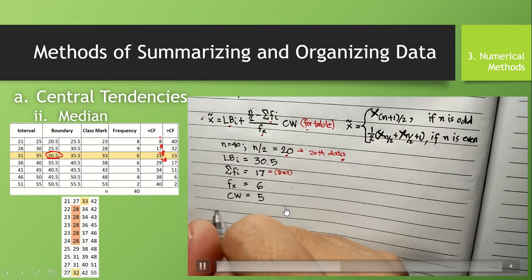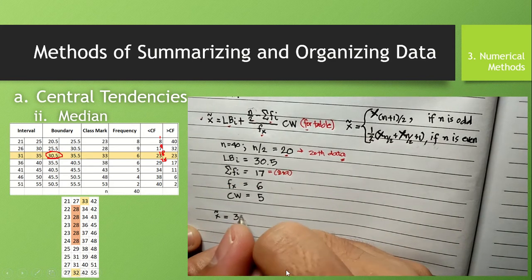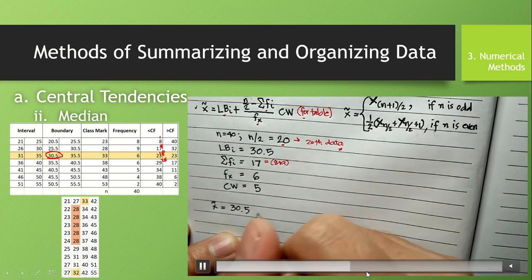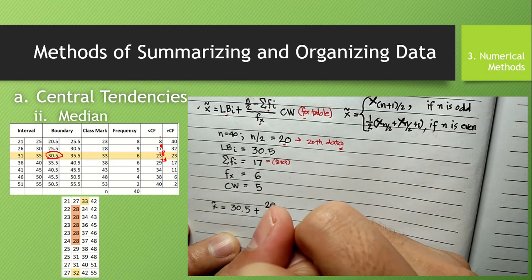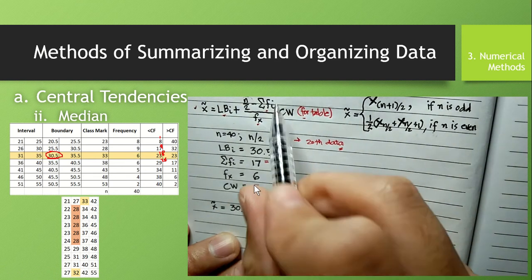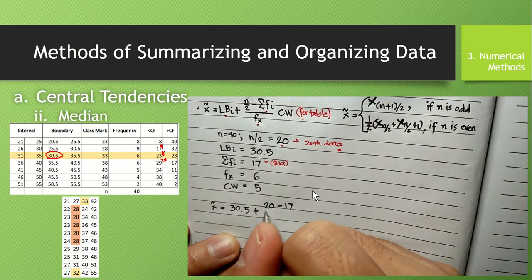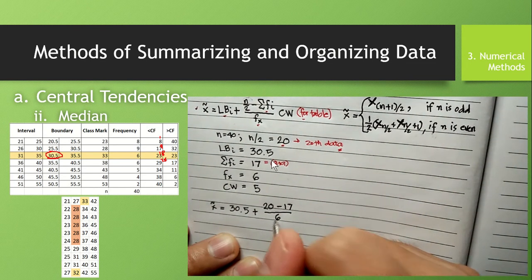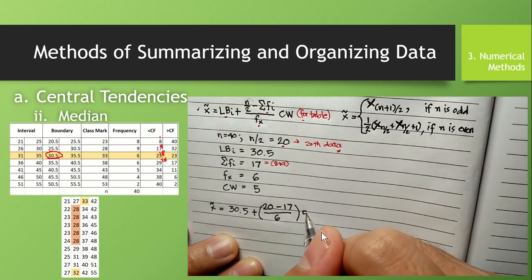Substituting all of these values to our equation, we'll have the lower class boundary of the median class plus n over 2, that's 40 over 2, which is equal to 20, minus the summation of the previous frequencies, divided by the median class's frequency, multiplied by the class width.